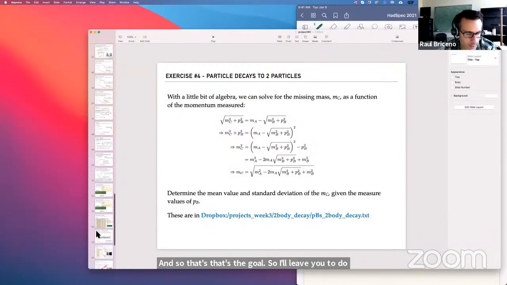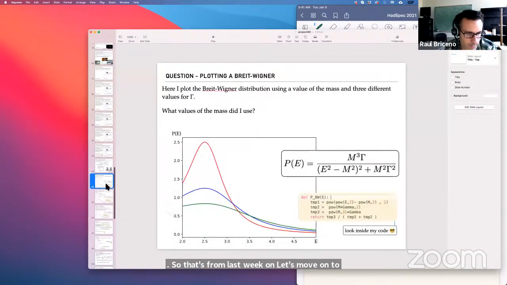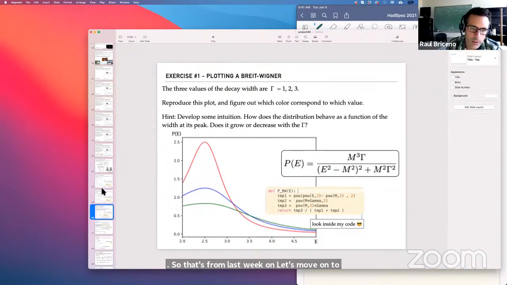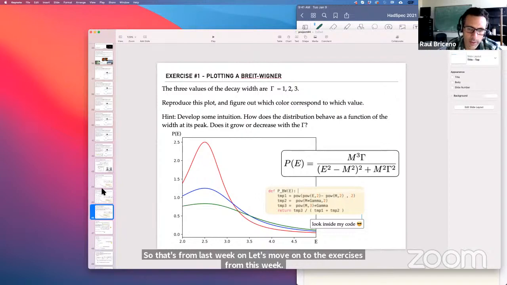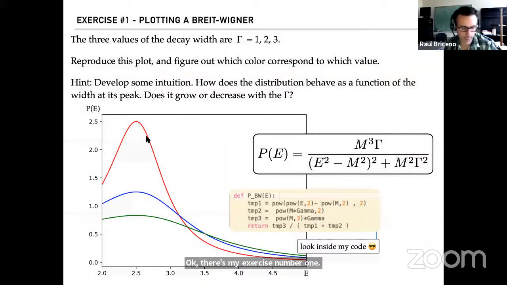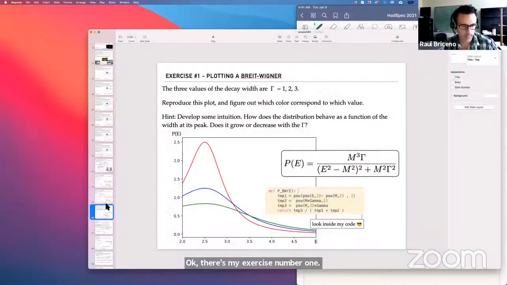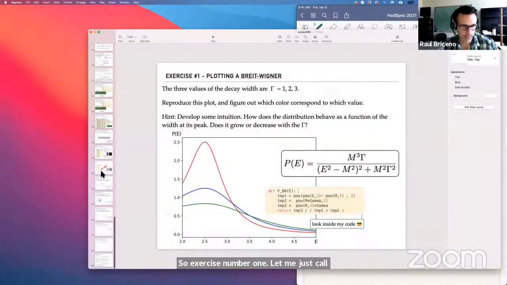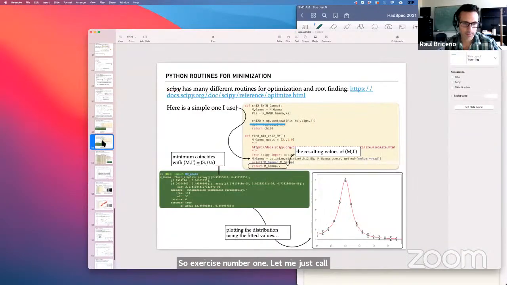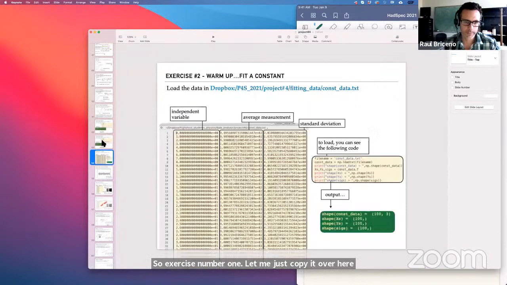Now let's move on to the exercises from this week. Okay, this is my exercise number 1. So exercise number 1, let me just copy it over here with the other exercises, so they're all in one little bundle.